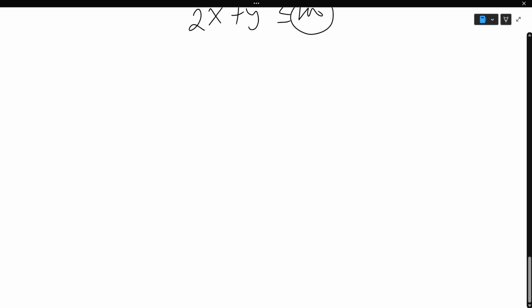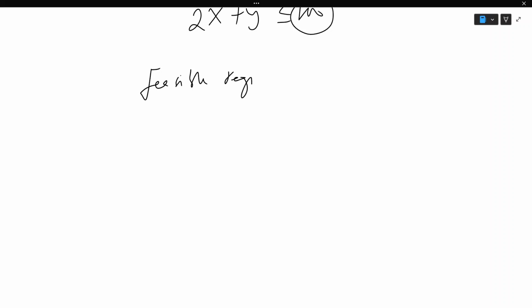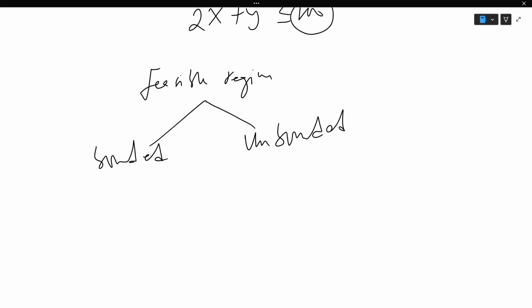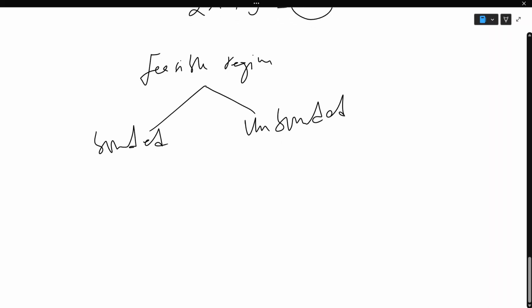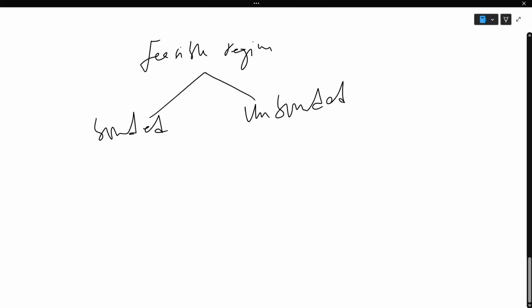So we also have something like the feasible region, and whether it is bounded or not bounded. If the feasible region is bounded, it is enclosed by all the constraints. Unbounded means it is open in at least one direction.